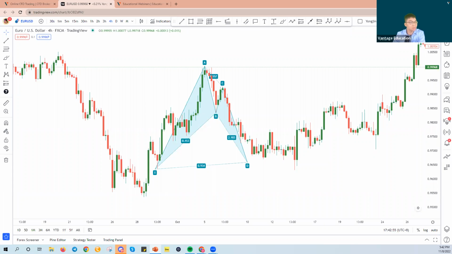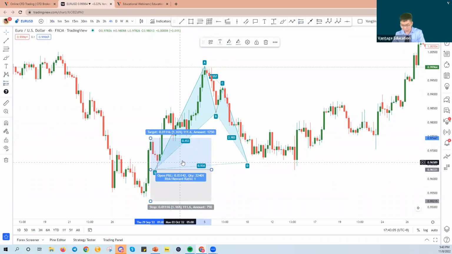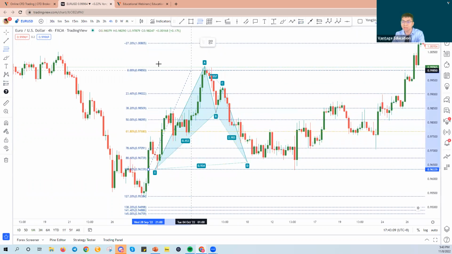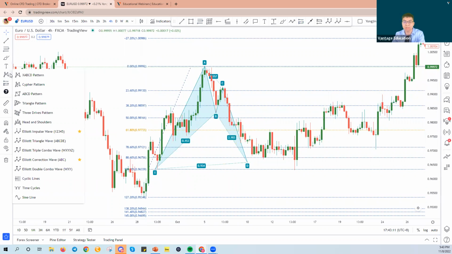So after XA, it's at 38.2% or 50% retracement of XA. Okay, I think I got the wrong one. To draw Fibonacci, you can use this function. It's right here, under XABCD pattern.